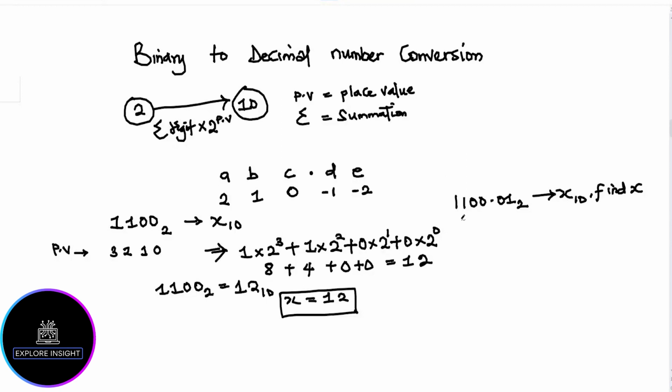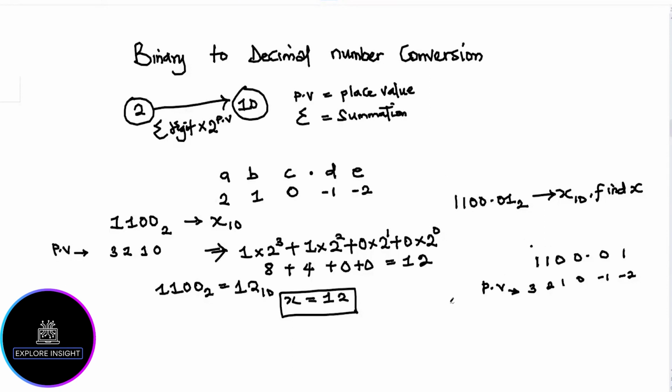So let's look at the place value for this. Let me write this out and then we'll put the place value. The place value for this will be 0, 1, 2, 3, minus 1, minus 2. What does that simply mean?